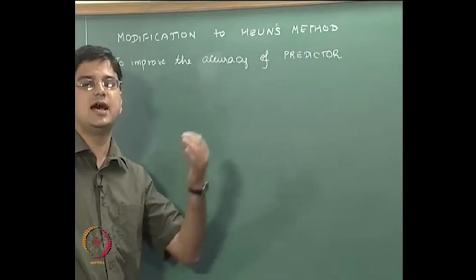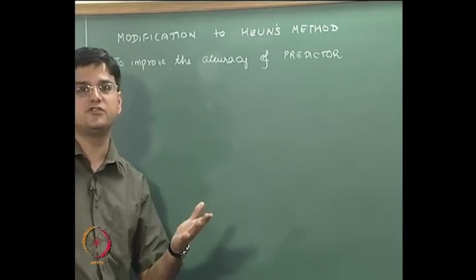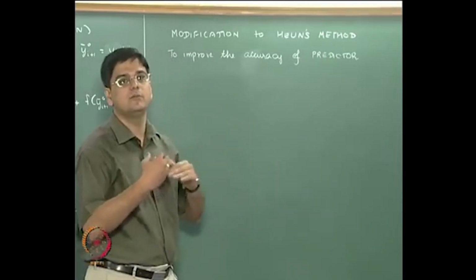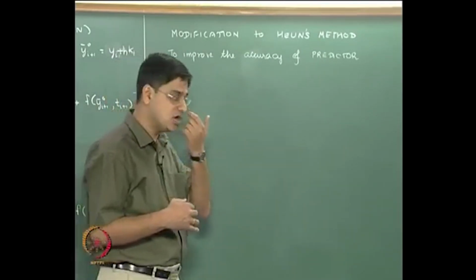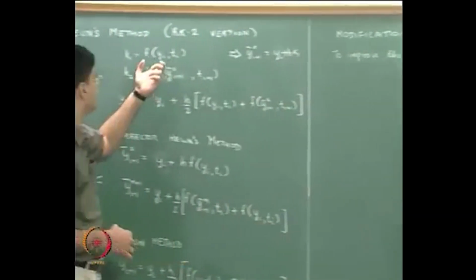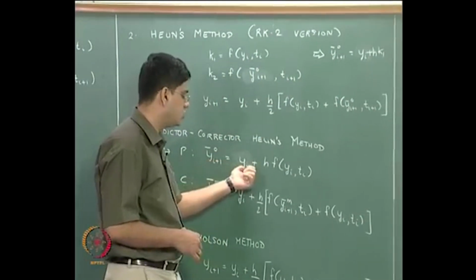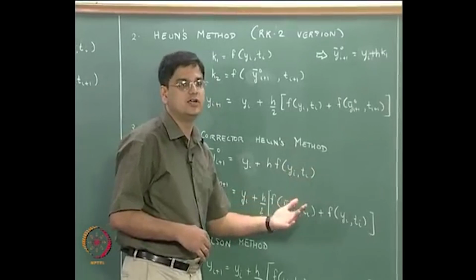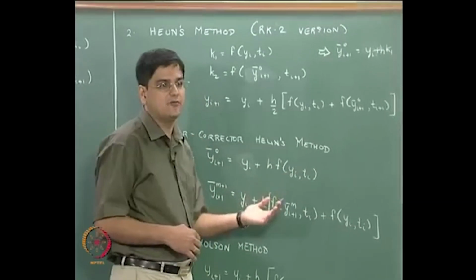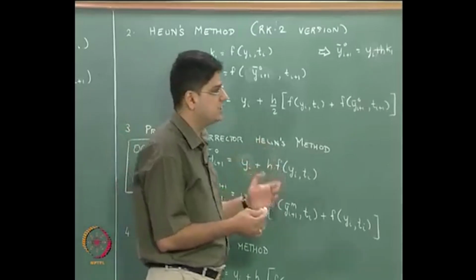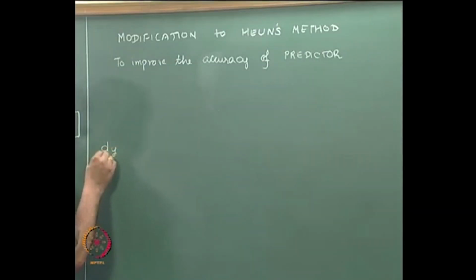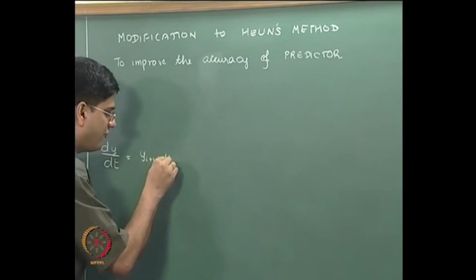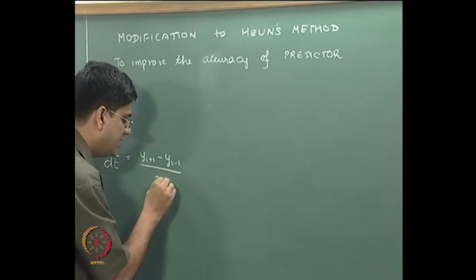recall our result that the central difference formula during numerical differentiation was more accurate than the forward difference formula. Using basically parallel arguments, we will convert this formula, yi plus 1 bar 0 equal to yi plus h multiplied by f of yi comma ti, into a slightly better formula. That better formula is the numerical difference dy by dt equal to yi plus 1 minus yi minus 1 divided by 2h.